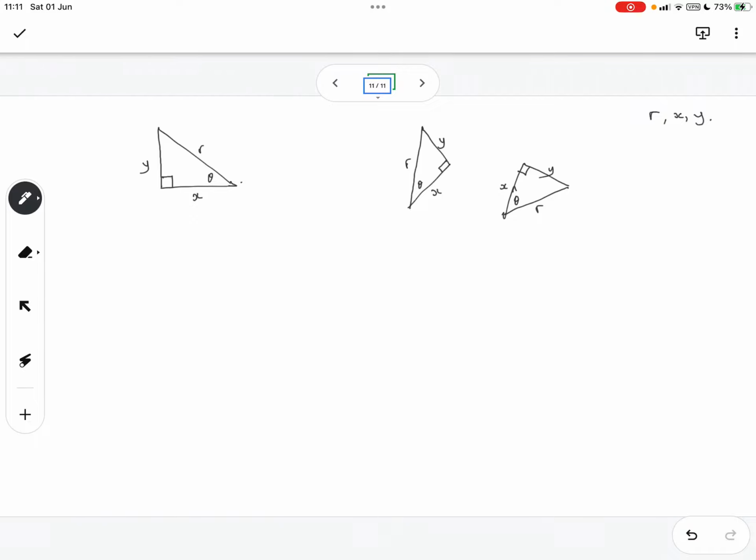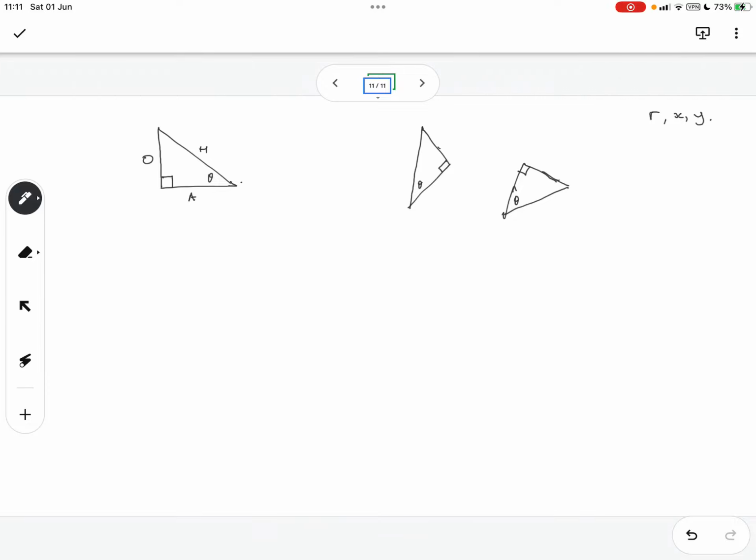Or rather, let me put opposite, adjacent, hypotenuse, because I want to show how they link to this. So our definitions were that sine is opposite over hypotenuse, cos is adjacent over hypotenuse, and tan is opposite over adjacent.